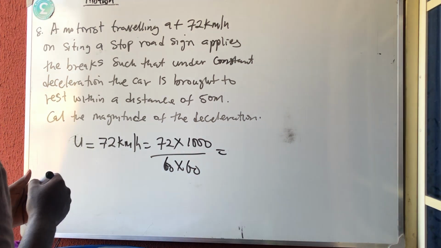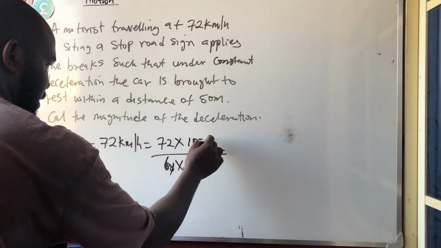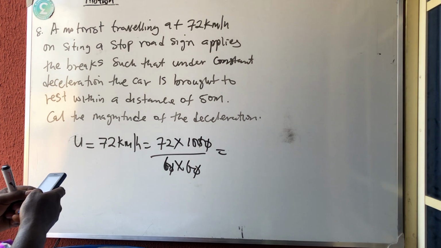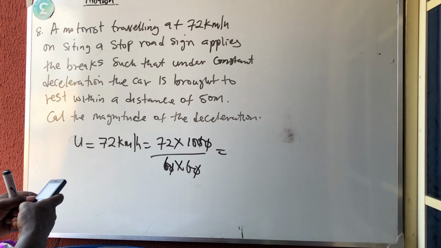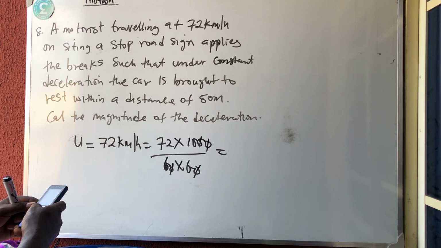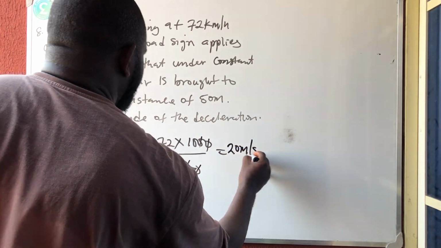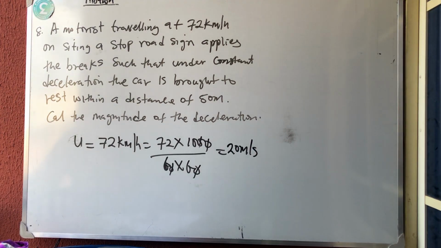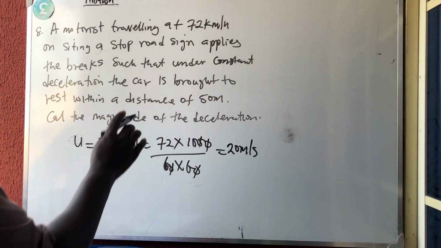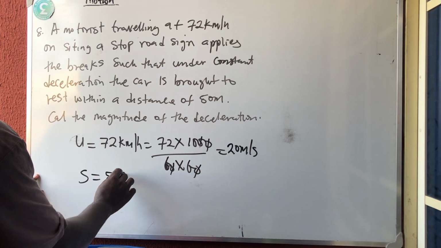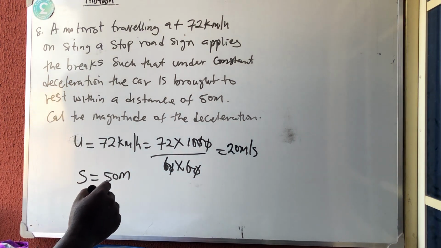So I'm having 720 divided by 36, so I'm having 20 meter per second. They also gave us the distance to be 50 meters.